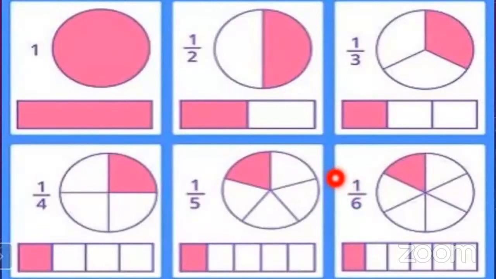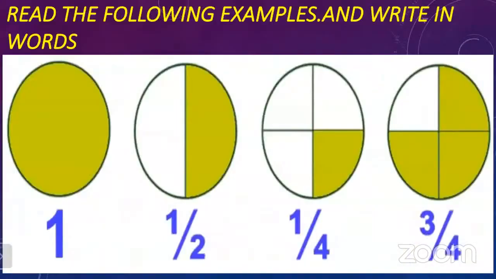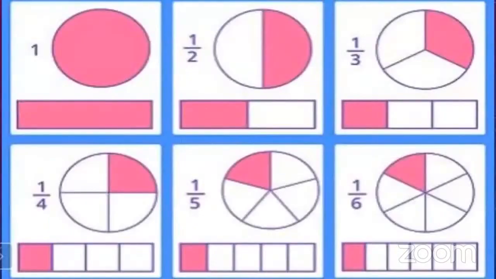Now, if you observe, the figures given earlier are divided into 4 equal parts. Here, more than 4 and less than 4 parts are both present.